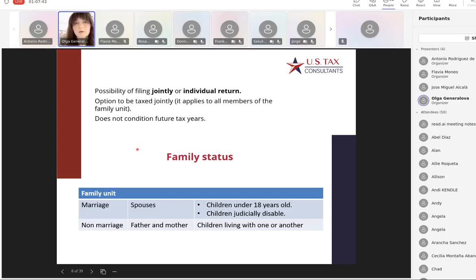And another thing, for example, for unmarried couples, Spain has very strict rules. Only one parent plus children can form a family unit. The other parent must file individually, even if everyone lives together. And the good news for you and for us, the software provides us with both options, so we can check both of them, compare, and choose whichever works best.